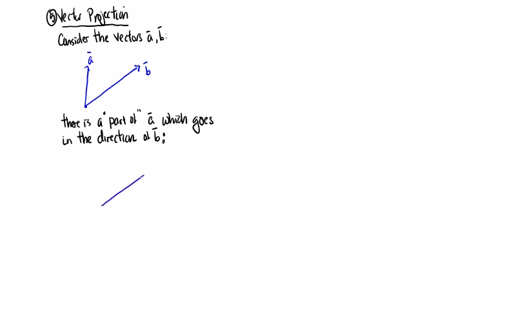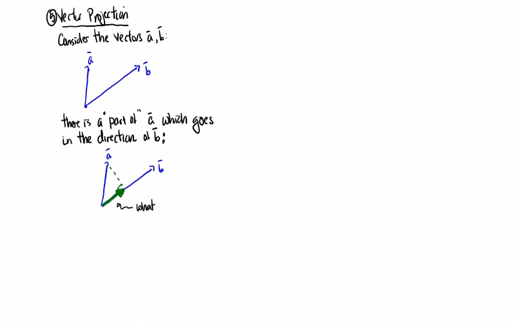Here's B again. Here's A. If you imagine dropping this down perpendicularly and creating a new vector right here, this is the part of A that's in B's direction. This is what we're interested in.